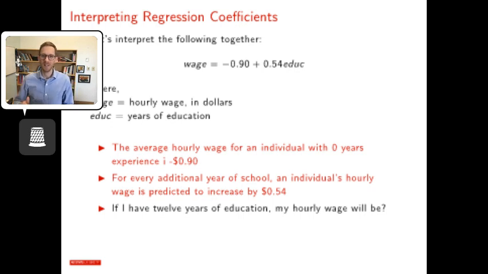But what it's saying, though, is for each additional year of schooling that individual has, so 1 year, 2 years, 3 years, their hourly wage is predicted to increase by 54 cents. That's that 0.54. It's expressed in terms of dollars, the dependent variable wage. So go ahead and do the calculation. If I have 12 years of education, what would my hourly wage be?